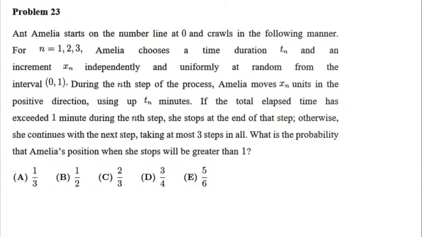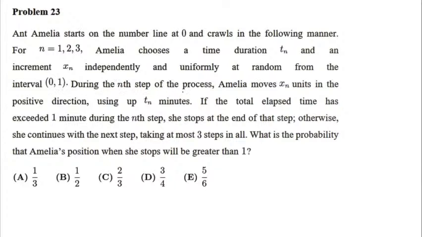AMC 10B 2022, problem number 23. Aunt Amelia starts on the number line at 0 and crawls in the following manner. For n equal to 1 to 3, Amelia chooses a time duration Tn and an increment Xn independently and uniformly at random from the interval 0, 1.